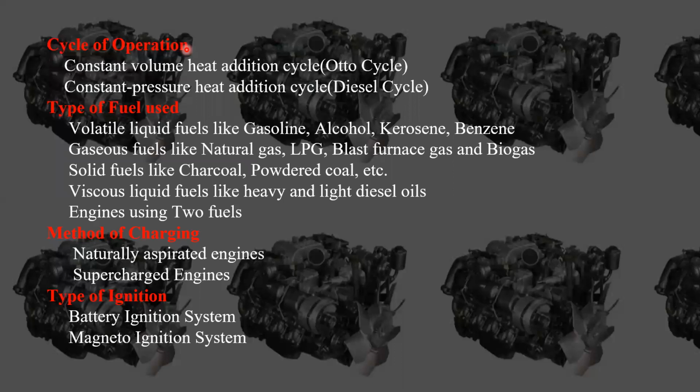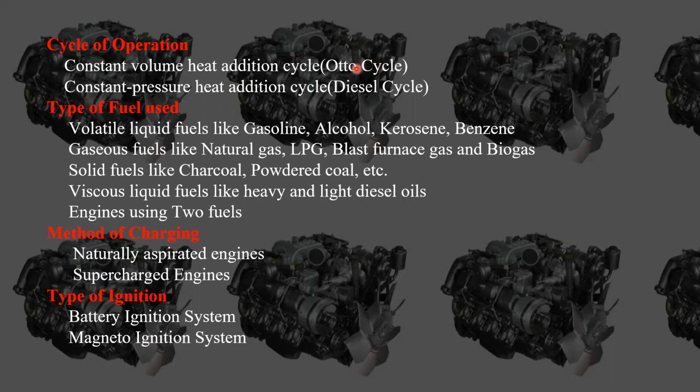If the cycle of operation is running on constant volume heat addition, that means at a constant volume we are adding the heat, then we call it a constant volume heat addition cycle, and another name for it is the Otto cycle, and we can also call it a spark ignition engine, which runs on petrol.